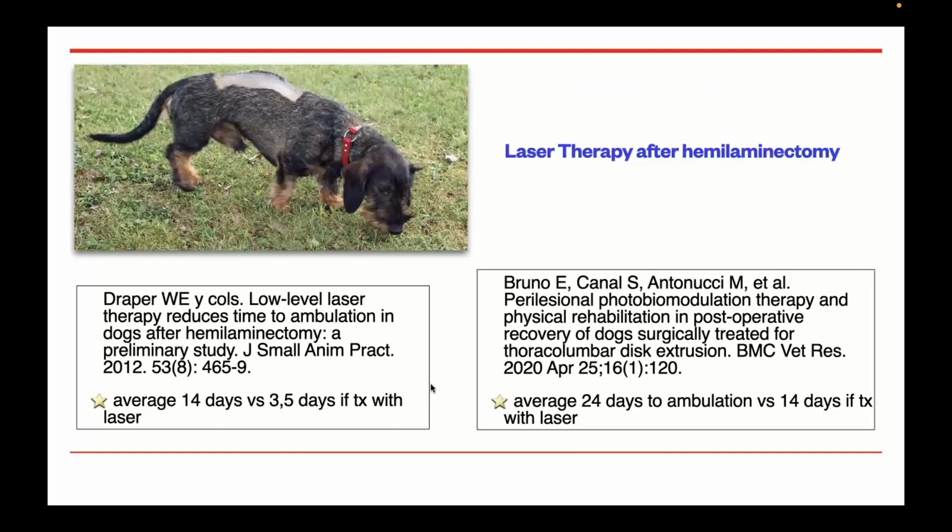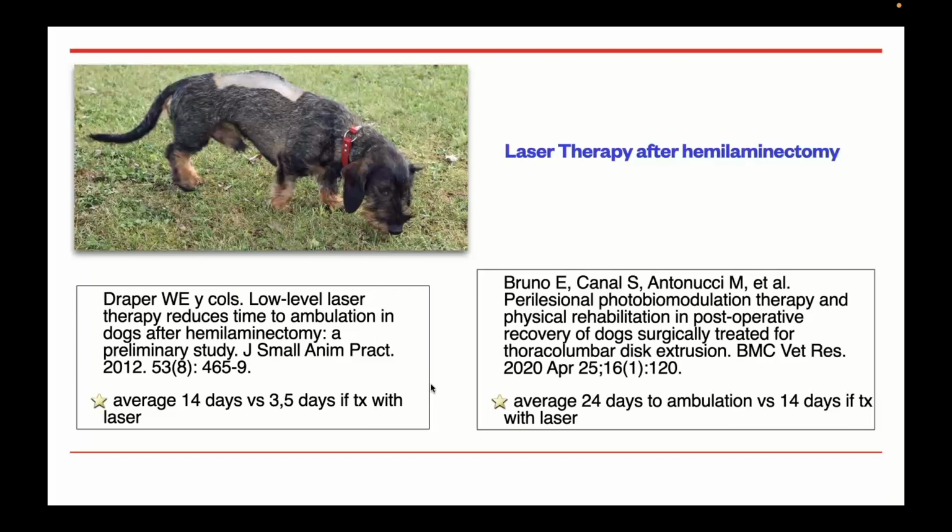While there is no substitute for surgery when surgery is indicated, we can use laser therapy to help both in the post-operative recovery and as part of a conservative approach, if that is the best option for intervertebral disc disease. A couple of clinical studies in dogs undergoing hemilaminectomy alone or plus laser therapy show that laser-treated animals recover ambulation quite faster.